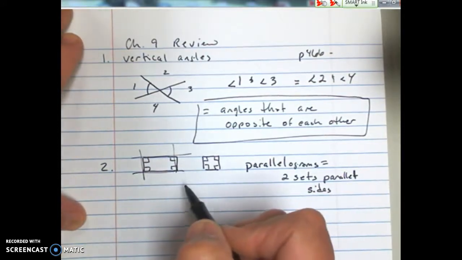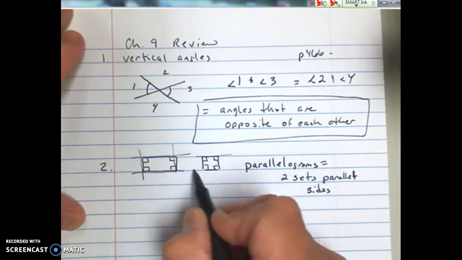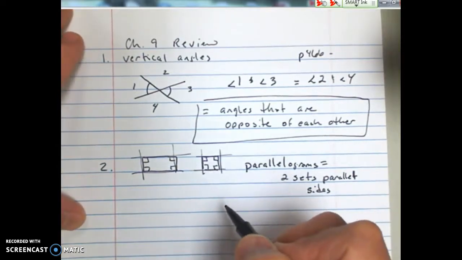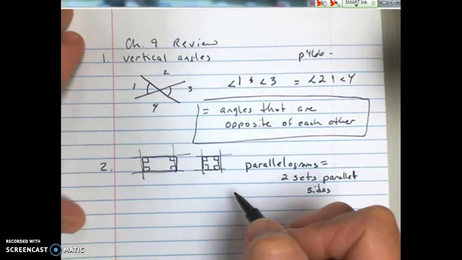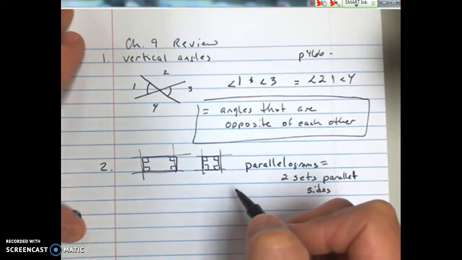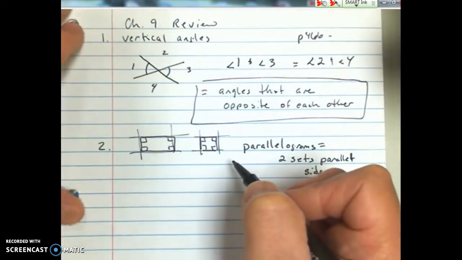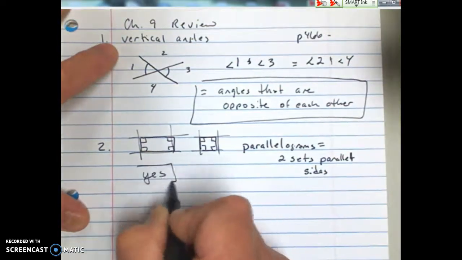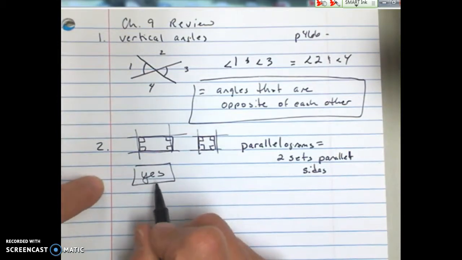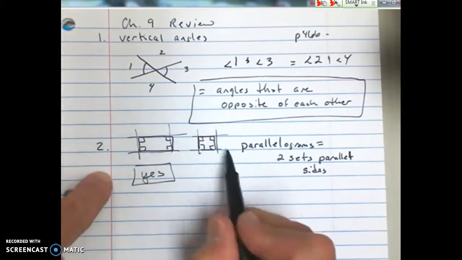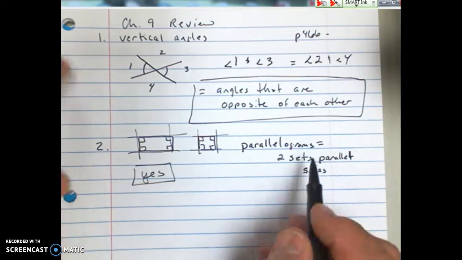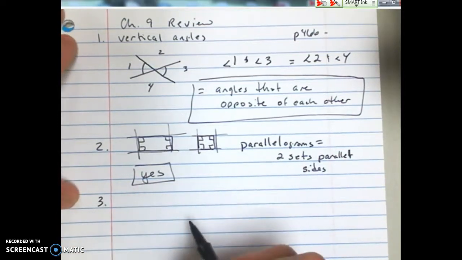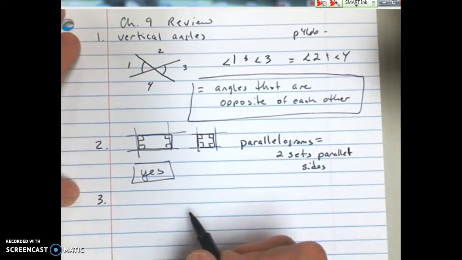Both the rectangle and the square, which is also a rectangle because it has 4 right angles, are both parallelograms. They both have 2 sets of parallel sides. So the answer to this question is yes. Now, if you just put the answer yes down, I'm not going to give you credit for it. You need to show how you came upon that answer. That's the exchange for not copying down the question.